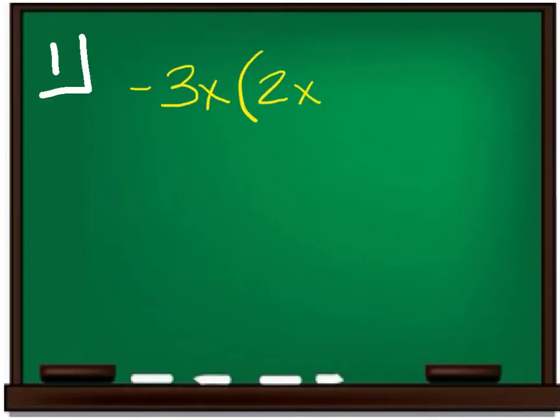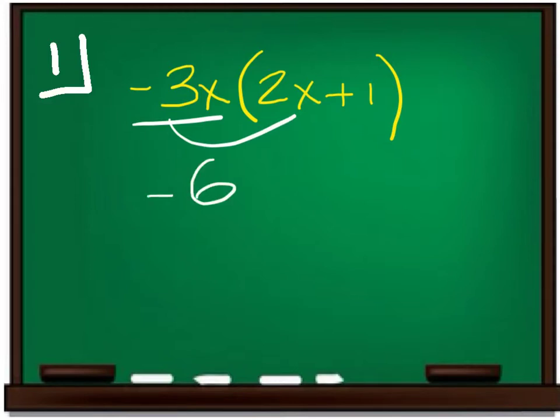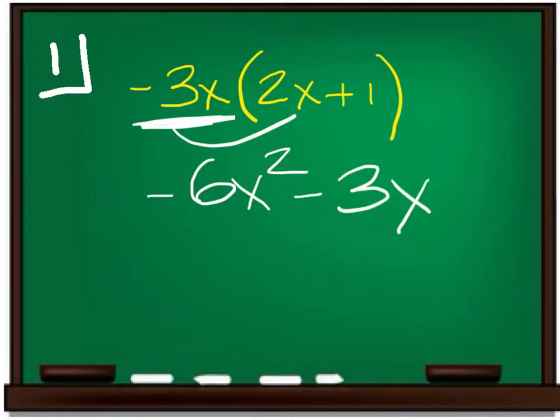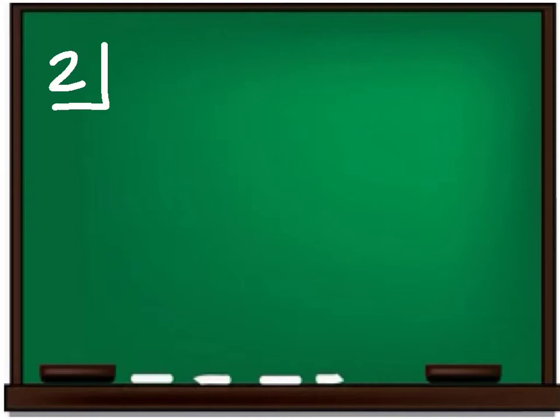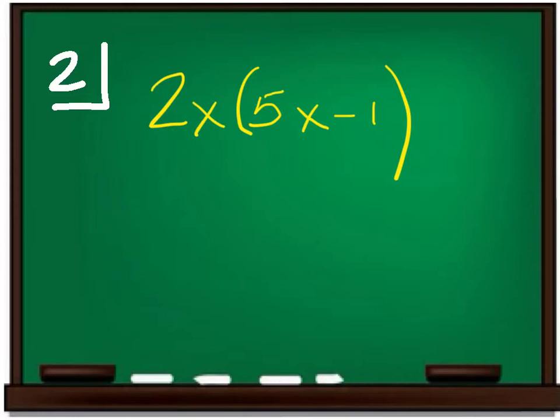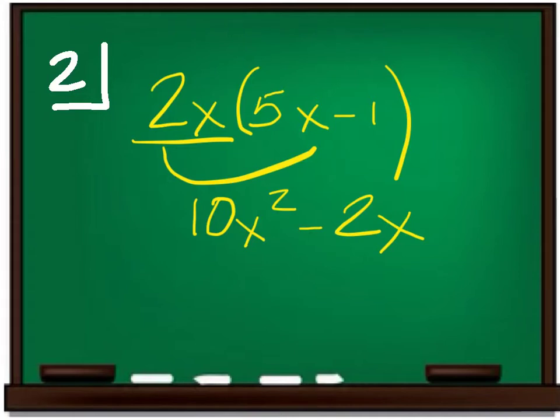This problem, you should have negative 3x times 2x, which is a negative 6x squared. Negative 3x minus 1 is minus 3x. Two x times 5x is 10x squared minus 2x.